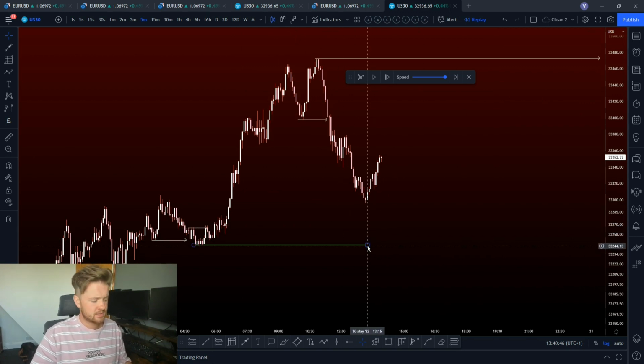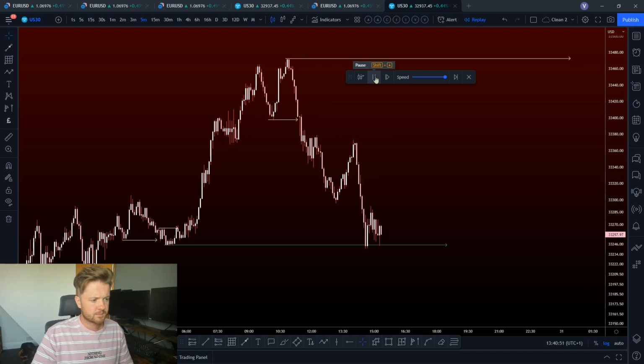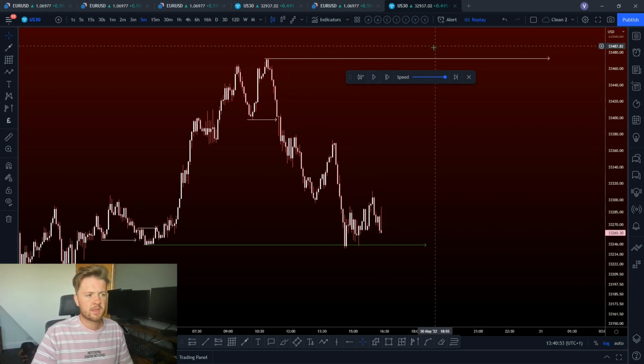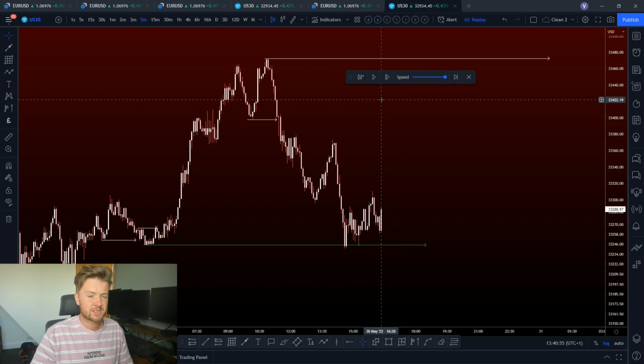Until this breaks, guys, you don't look for trades, because on a higher time frame, the expectation is for price to break upwards.